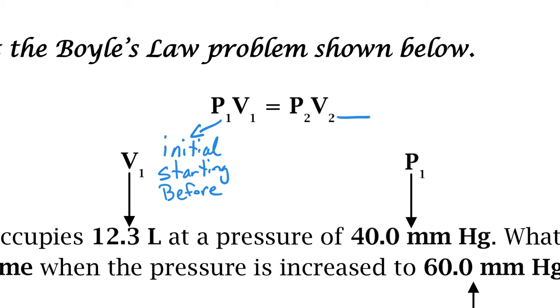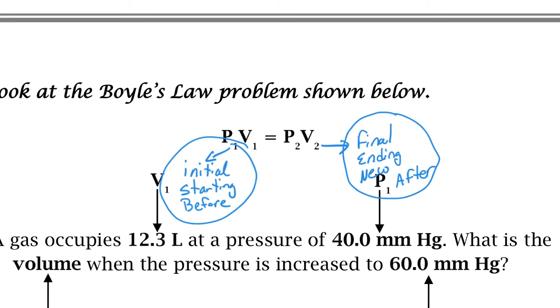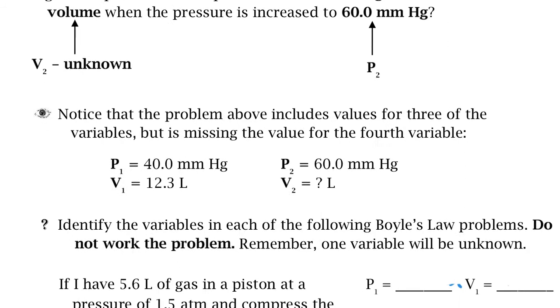The 2s are your final condition, or we could call that ending condition. We could also say this is the new condition, or the after. So these are the words you're going to look at when you're trying to identify these. So let's take a look and see how we would do this in a formula.